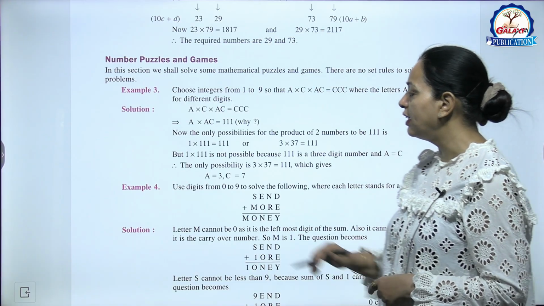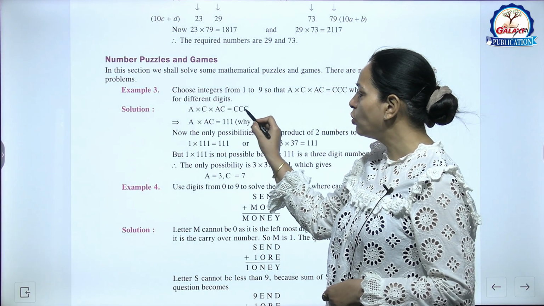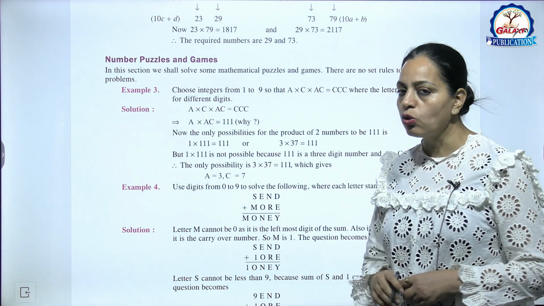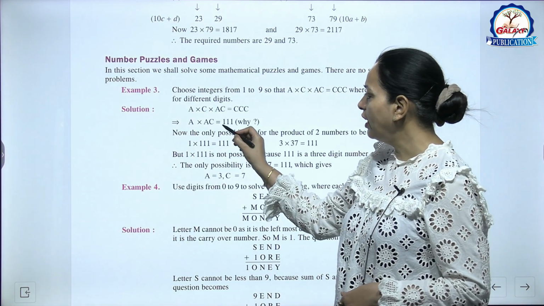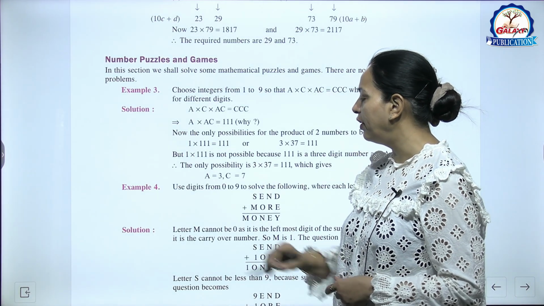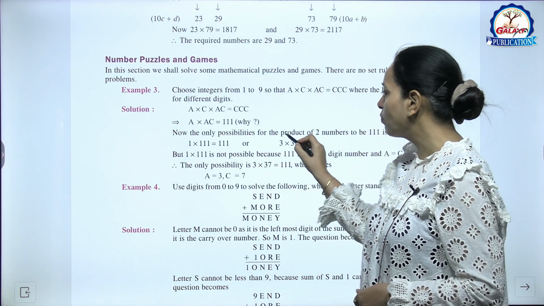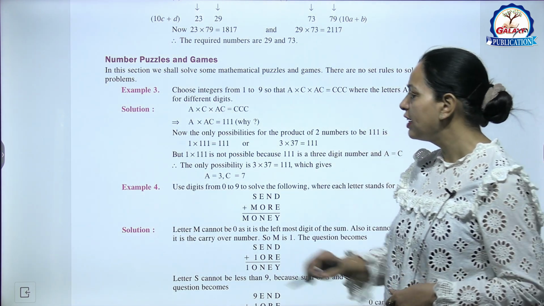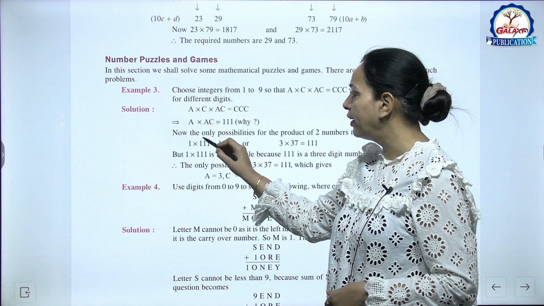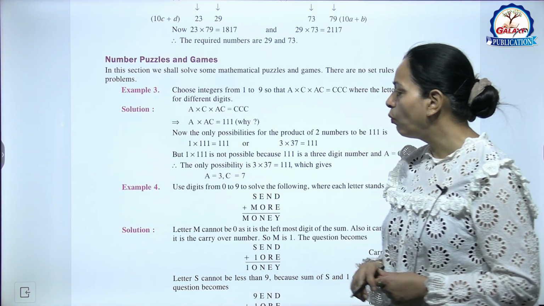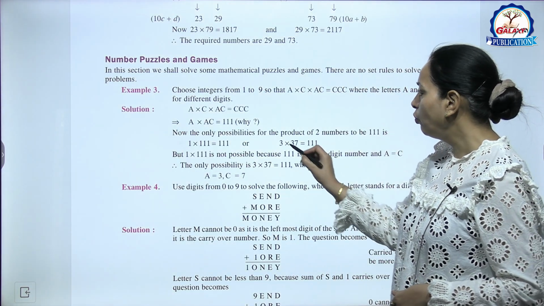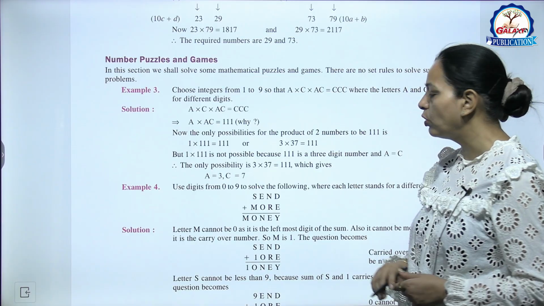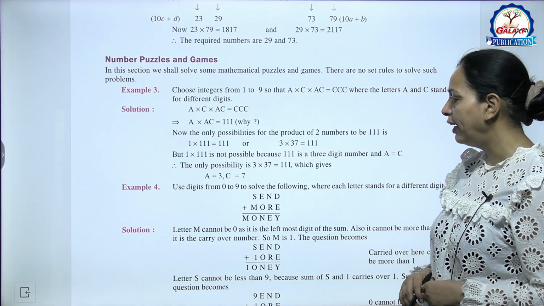So here, see, a into c into ac equals ccc, okay. So a into ac equals 111. Now the only possibilities for the product of two numbers to be 111 are 1 into 111 equals 111, or 3 into 37 equals 111.